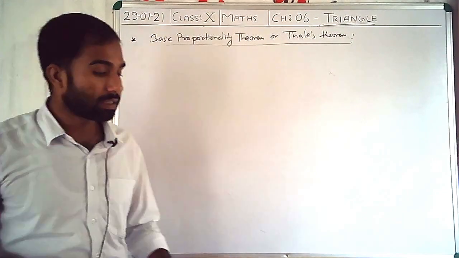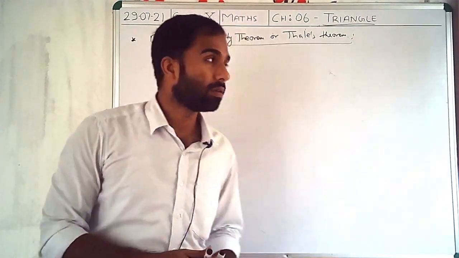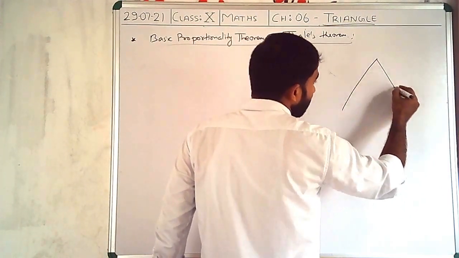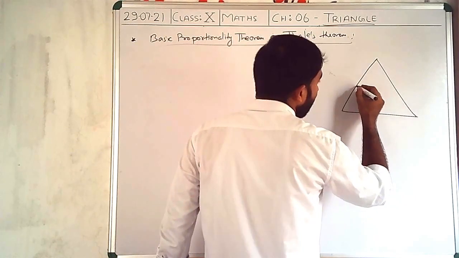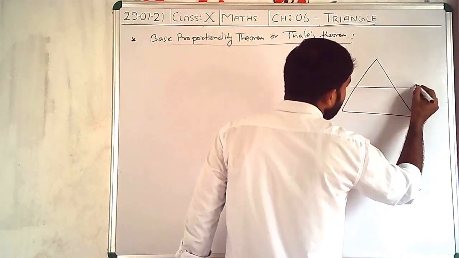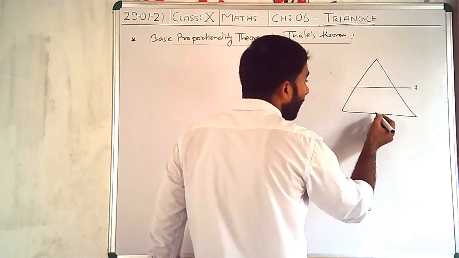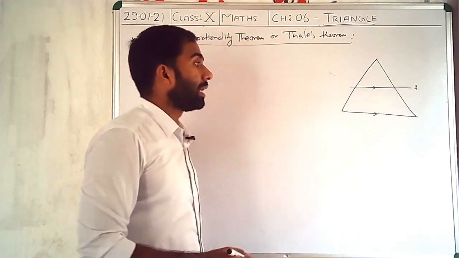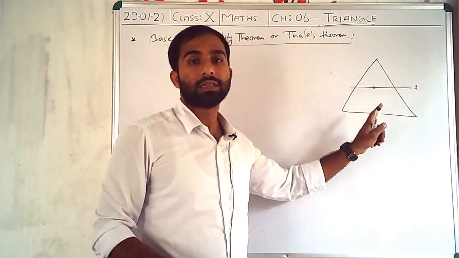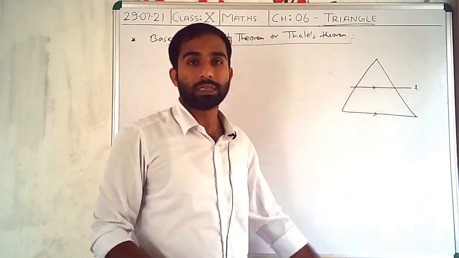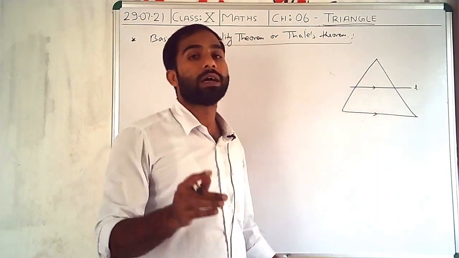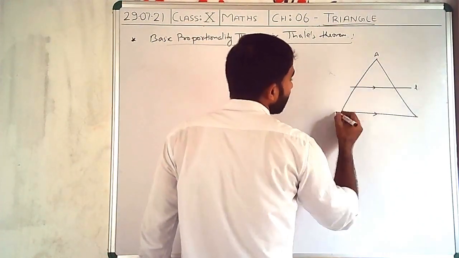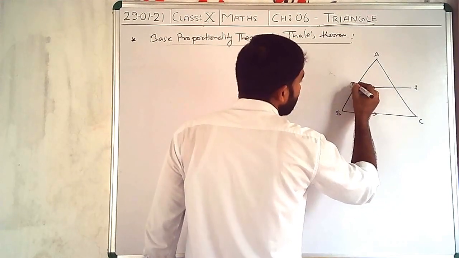This theorem says if we draw a line in a triangle and that line is parallel to one side of the triangle, and that line intersects the other two sides at two distinct points, then the other two sides are divided in equal proportion or ratio. Okay, we can write here A, B, C, D, E.